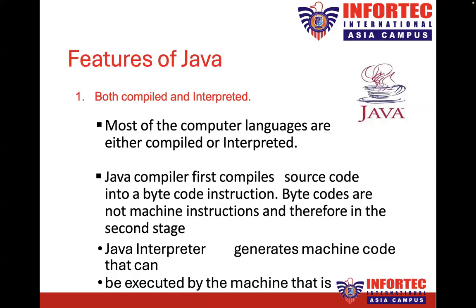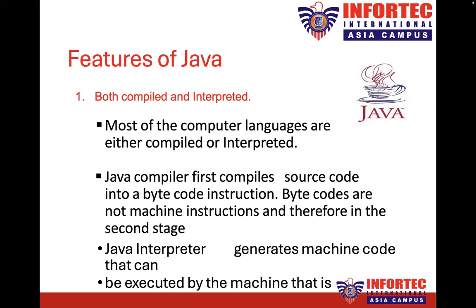So in Java, we can do both compilation and interpretation. As I told you at the very beginning, when we do computer programming, we are talking to the computer. We are giving instructions to your computer. So your computer can't understand our words, our language.